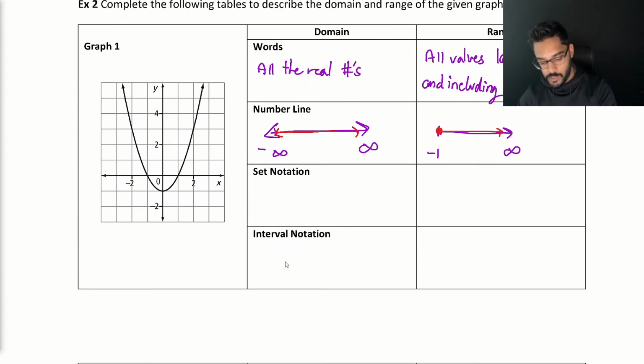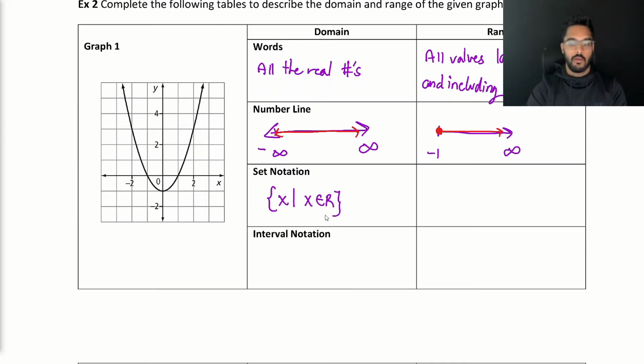For set notation, for the domain, since it's going to be all of the values of x, this is really going to say the set of x values such that x is any real number. I don't have to have an inequality here because x could be anything. I can just state that x is a real number. That's totally acceptable.